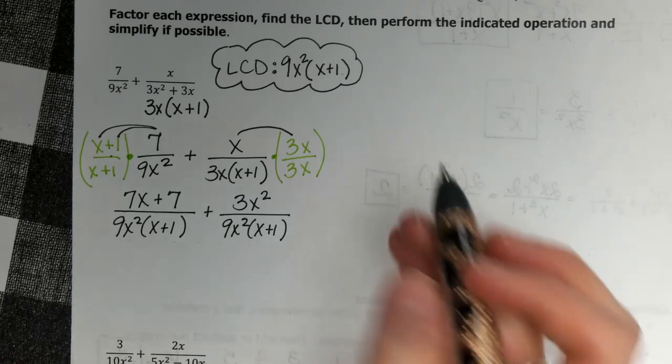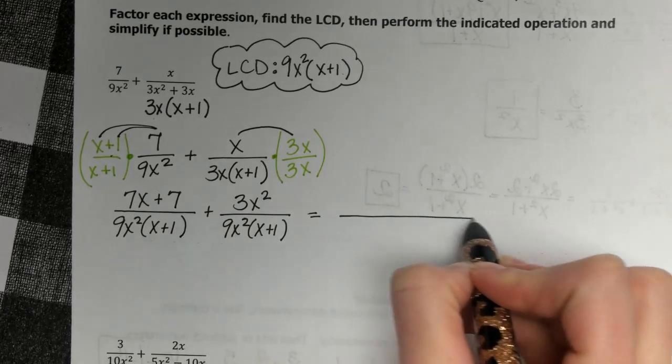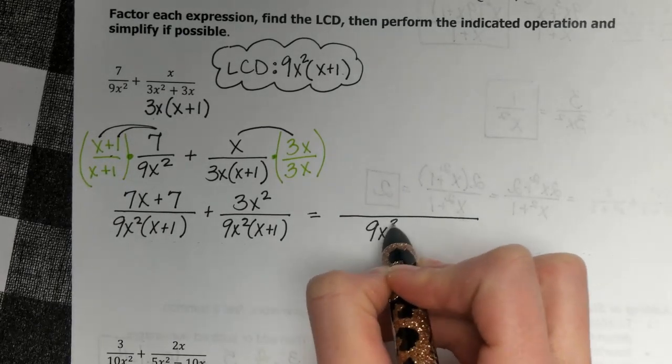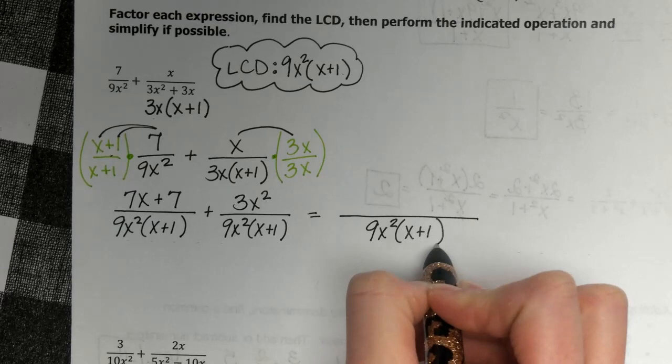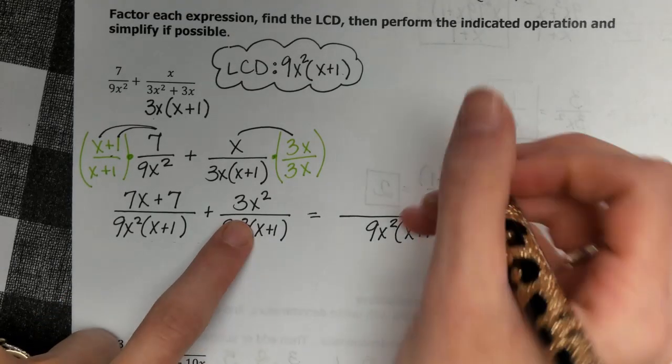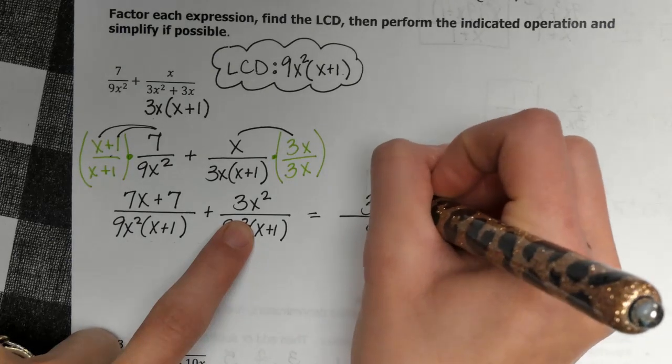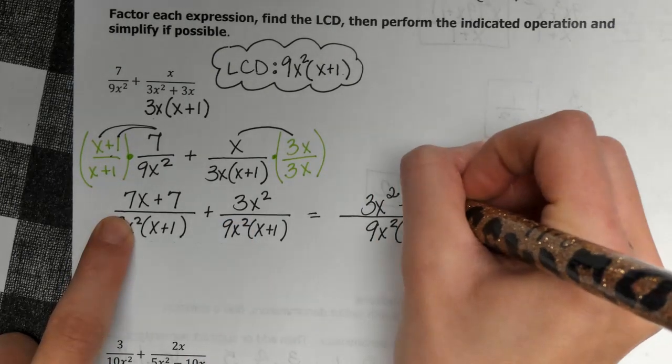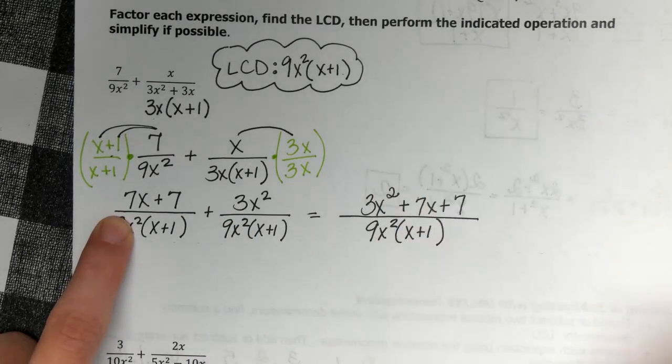Okay? So this full denominator is just going to be 9x squared times x plus 1. Okay? And then I'm going to have 3x squared plus my 7x plus 7. We good getting this answer?